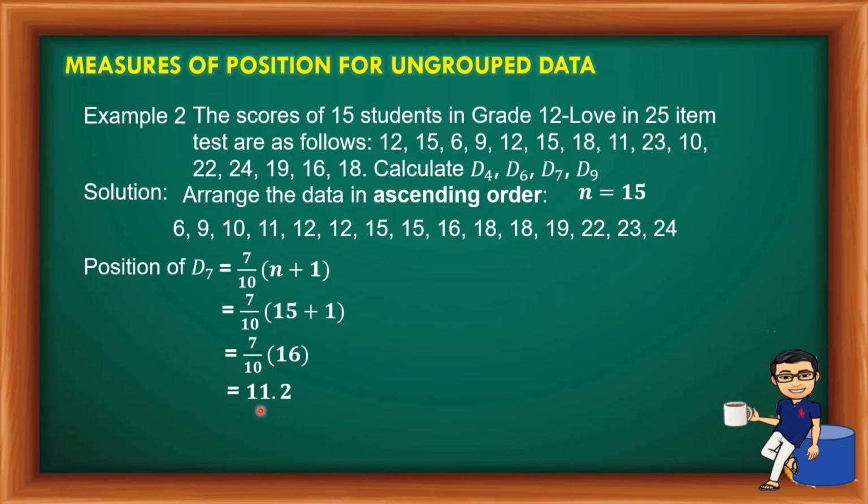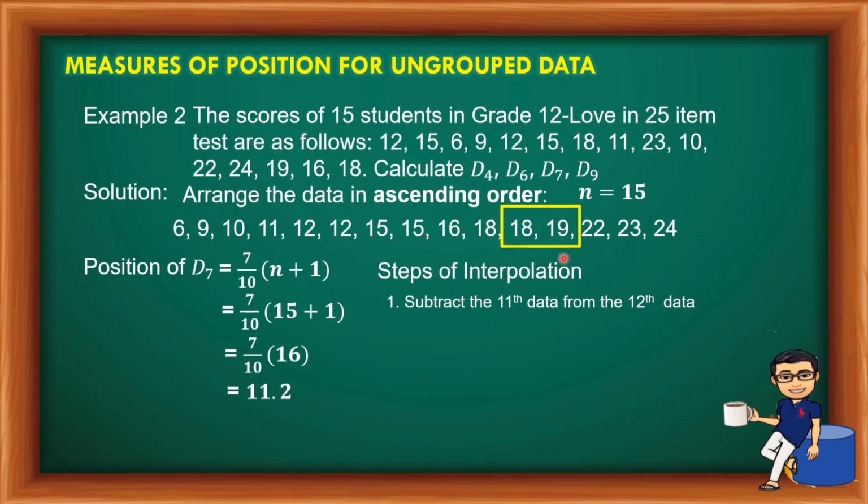So, that means to say, ang ating position ay in between the 11th and the 12th data. So, 1, 2, 3, 4, 5, 6, 7, 8, 9, 10, 11, and 12. So, ibig sabihin, narito siya sa dalawang yon. So, using the interpolation, subtract natin ng 19 minus 18. So, yun yung 11 data at saka yung 12 data, and that will be 1.